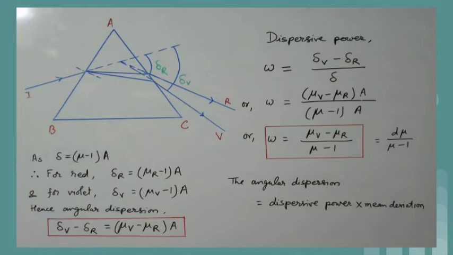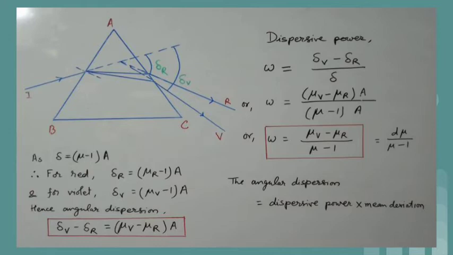Now, angular dispersion produced by a prism for white light is the difference of the angles of deviation of two extreme colors, that is violet and red. All the 7 colors are contained within this angle.